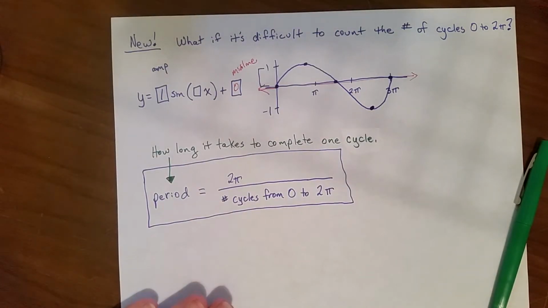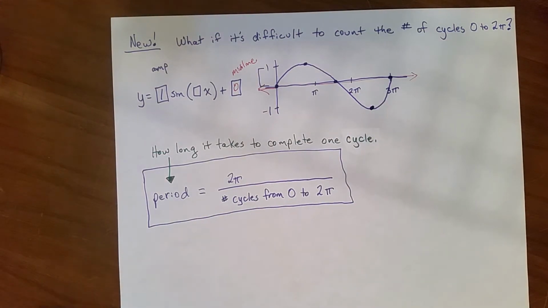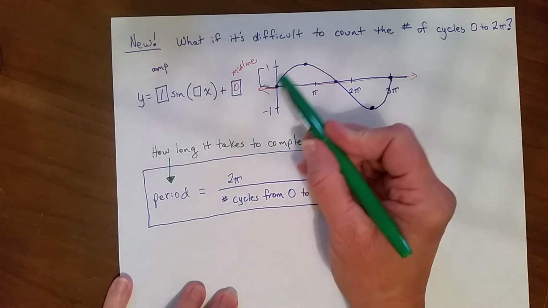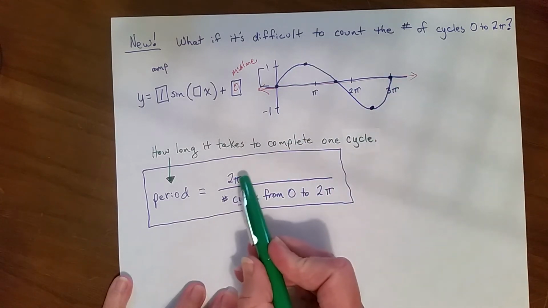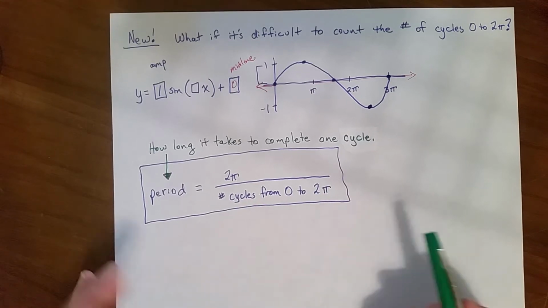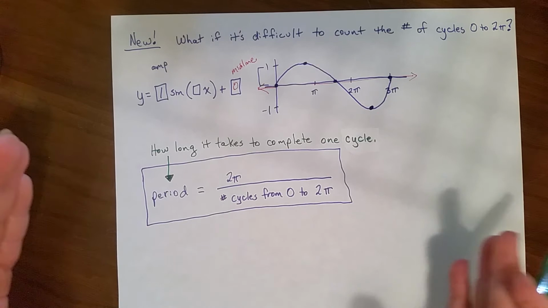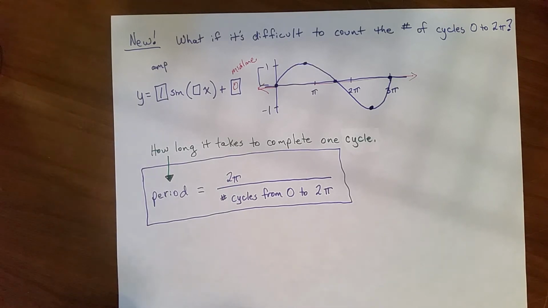Okay, but if it's hard to find, what we're going to do is this. We're going to set the period of what we're given equal to 2 pi over something. Okay, we need a variable for this. Well, let's not call it x. Let's just call it b, because boy, oh boy, are these fun.